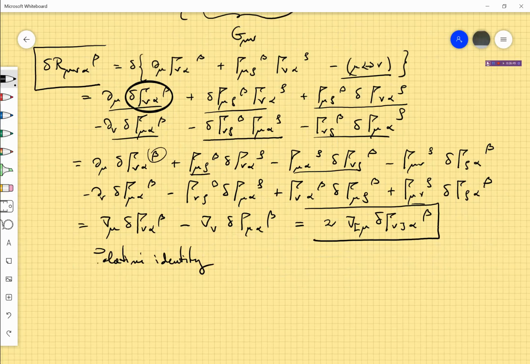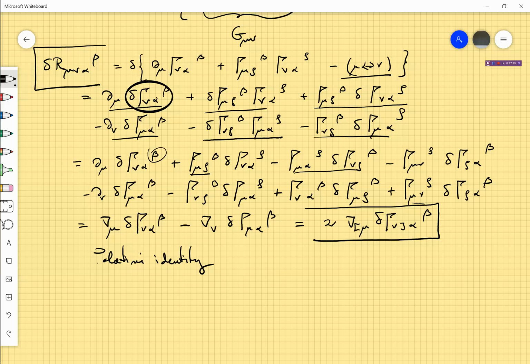And probably you are scandalized that, because I have insisted so much on the fact that gamma is not a tensor, now you see me writing a covariant derivative of something that doesn't look like a tensor. But you see that the variation of the connection is a tensor. It is a difference between two connections, one connection for one metric, and the other for another metric that differs by delta g.